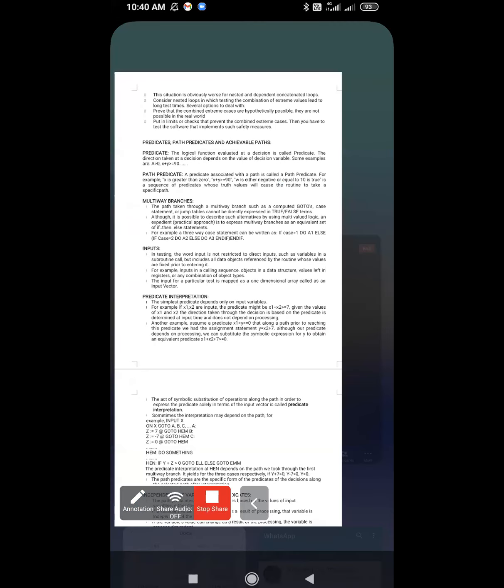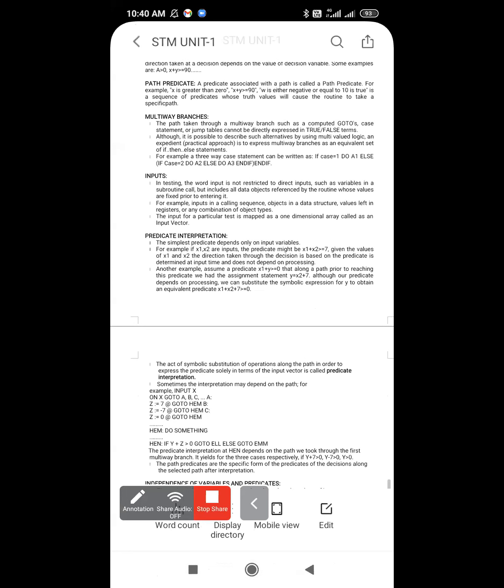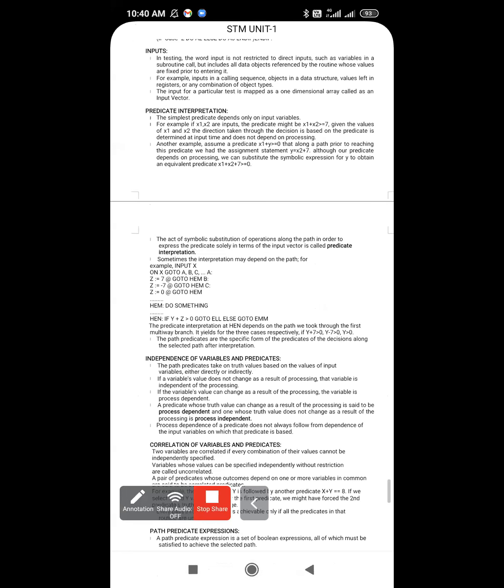In this prediction, first we are having multi-way branches, inputs, predicate interpretation. Next, dependency of variables and prediction. Correlation of variables and prediction.